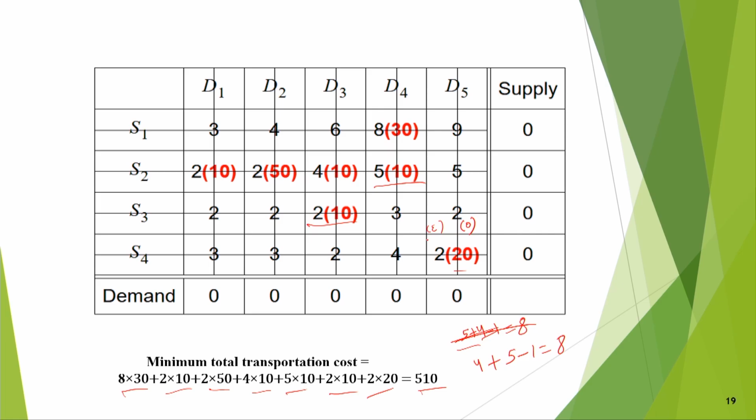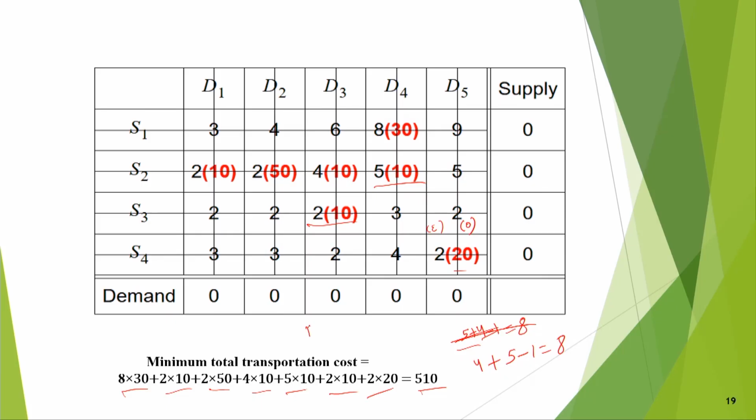So, that means now the 8 cells are filled. This does not add anything to the minimum total transportation cost, but it gives you a total initial basic feasible solution, so that you can carry out the optimization procedure just like the simplex method, and this is called a degenerate basic feasible solution. Why is it degenerate?